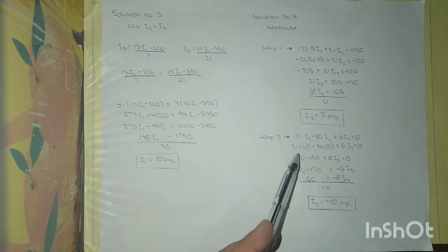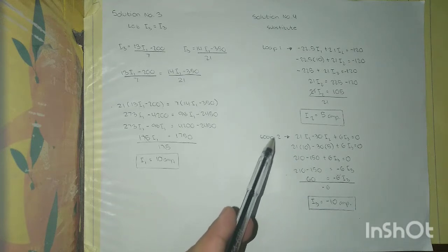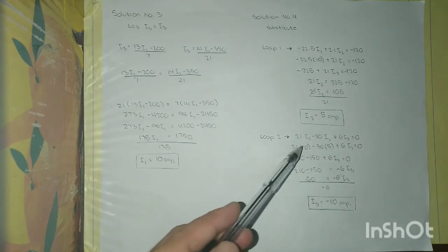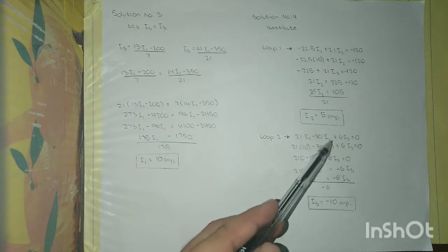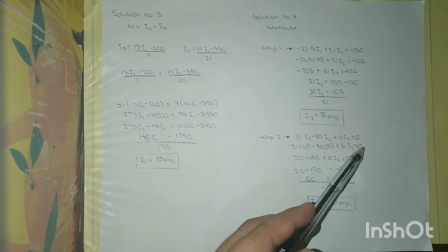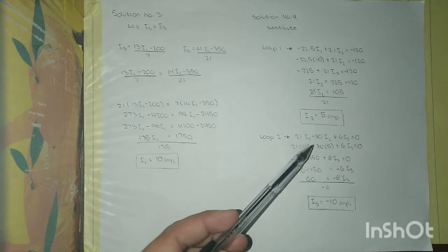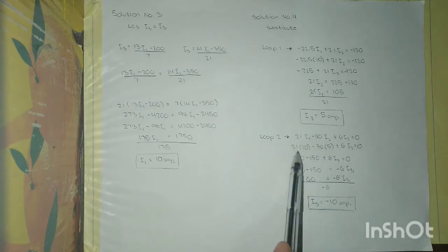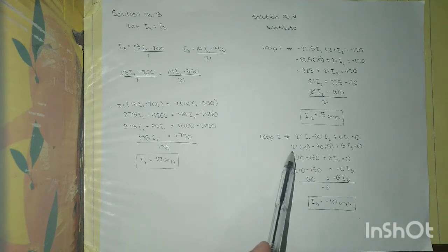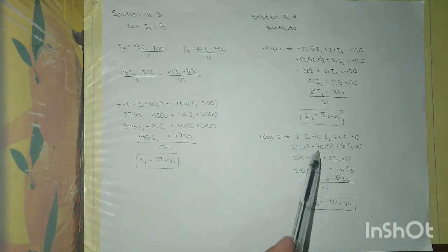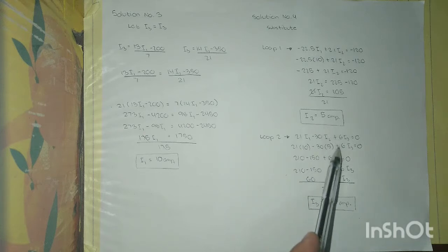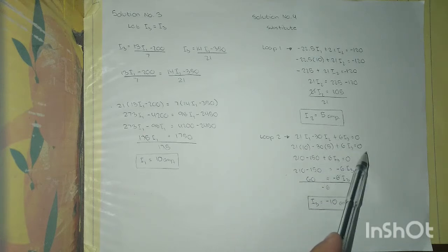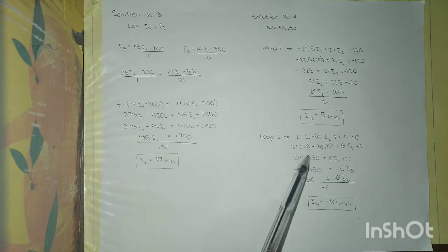For I3, we need to use the equation of loop 2. So 21 I1 minus 30 I2 plus 6 I3 is equal to 0. Since we have the values of I1 and I2, substitute. So 21 times 10 minus 30 times 5 plus 6 I3 is equal to 0. 21 times 10 is equal to 210.